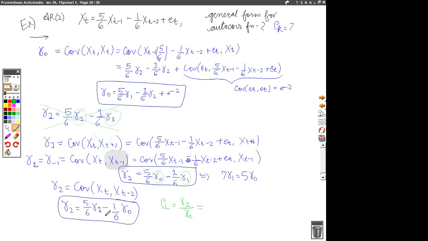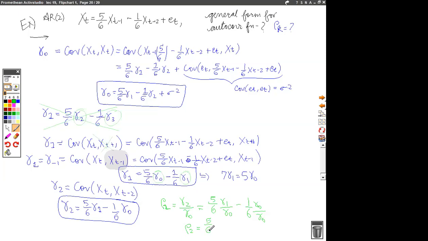So I can write my gamma 2 as 5 by 6 gamma 1 upon gamma 0 minus 1 upon 6 gamma 0 upon gamma 0, right? So what I have here is that my rho 2 is equal to 5 upon 6 gamma 1 upon gamma 0.